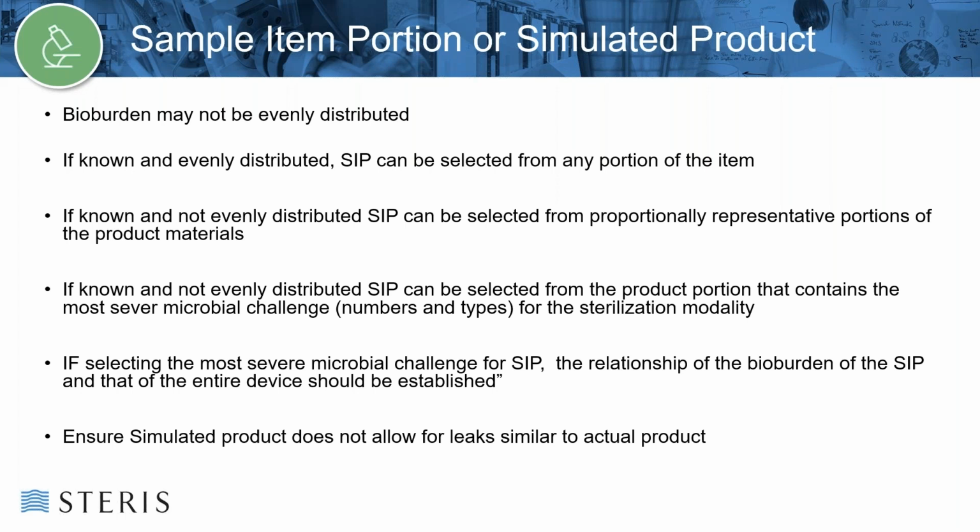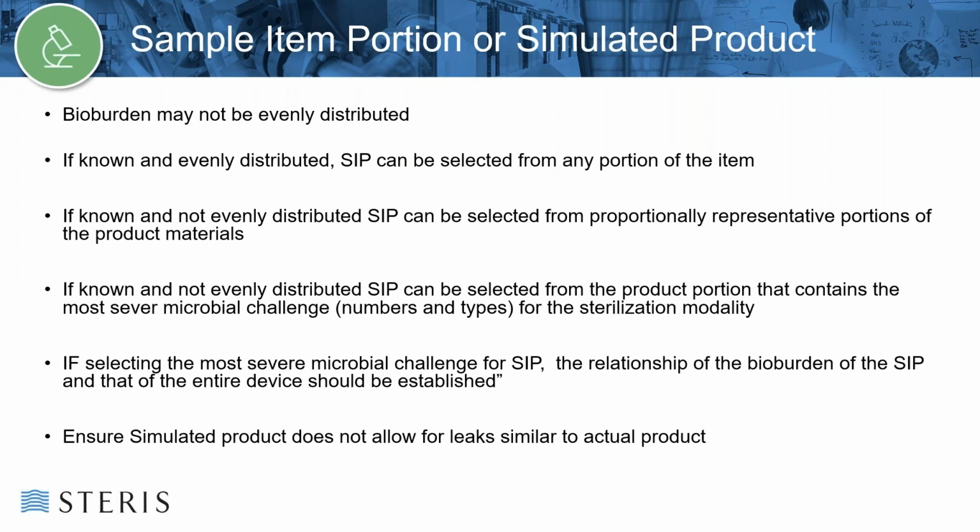If it is known that it is not evenly distributed, the sample item portion could be selected from proportionally representative portions of the product materials, or the sample item portion could be selected from a specific product portion that contains the most severe microbial challenge, that being numbers and types of organisms for the sterilization modality.